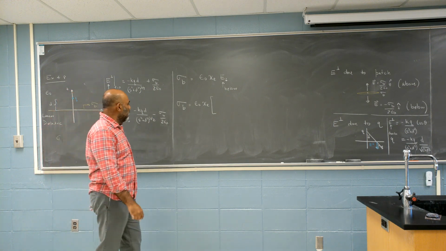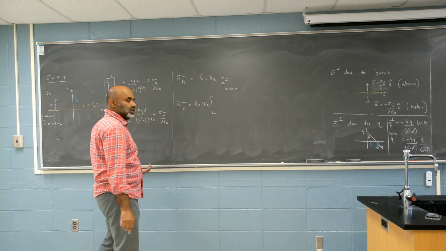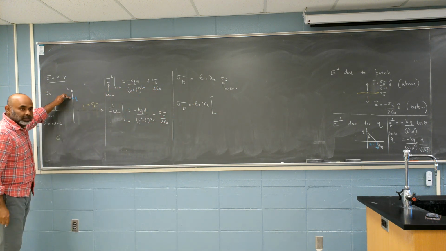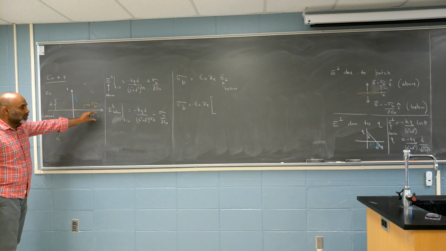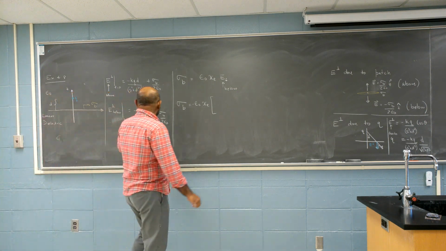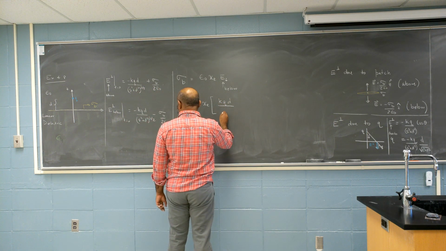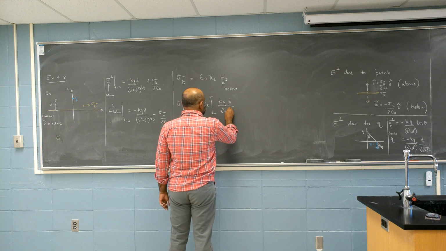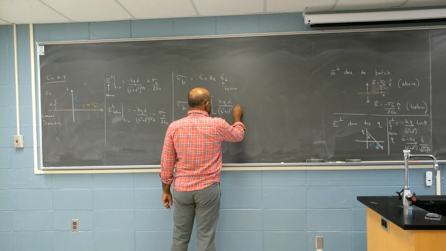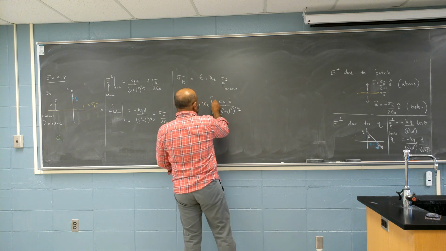That's precisely what I calculated. I'm going to bring out the negative sign, which is reasonable. If you put a positive charge over here, the dipoles are going to align, and the negative is going to be on the top. And these two, k q d over s squared plus d squared to the 3/2.